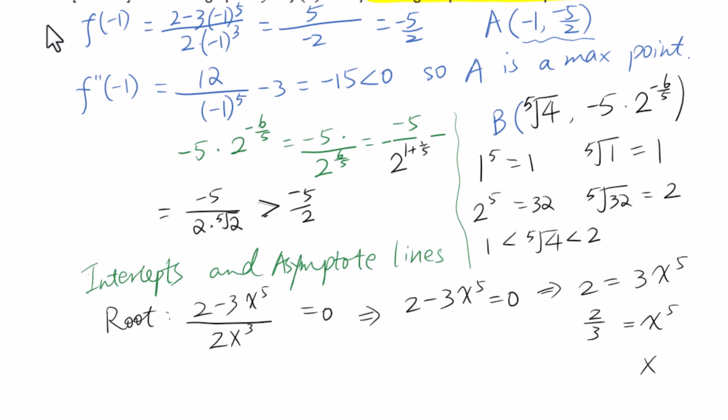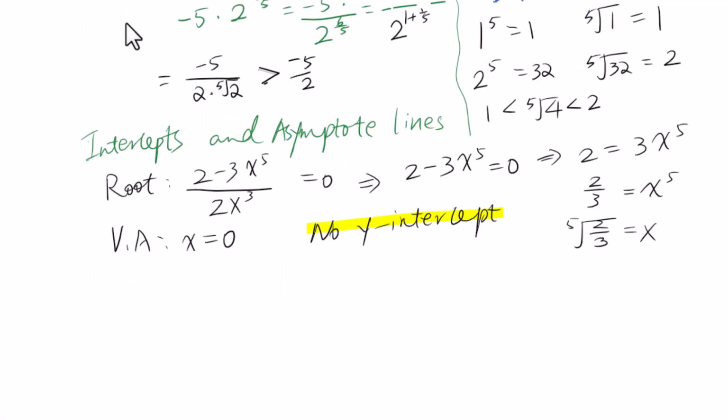So x equals the 5th root of 2 over 3. It will be between 0 and 1. For the vertical asymptote line, x equals 0. Therefore, no y-intercept.